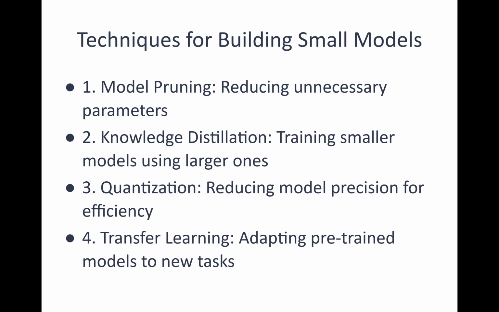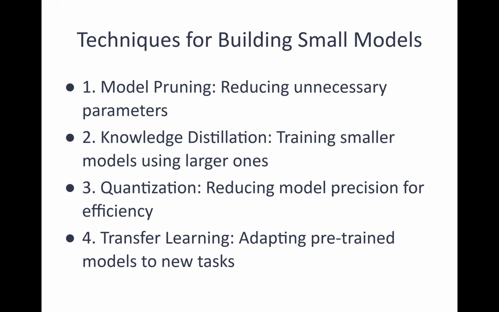Knowledge distillation is a technique where a smaller model is the student, and the larger model, that is the pre-trained model, is like the teacher. The student model aims to replicate the teacher's behavior, capturing its knowledge in a more compact form.